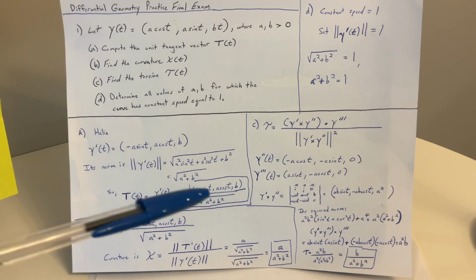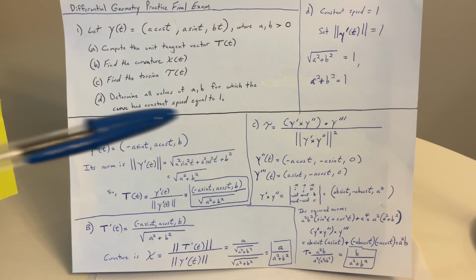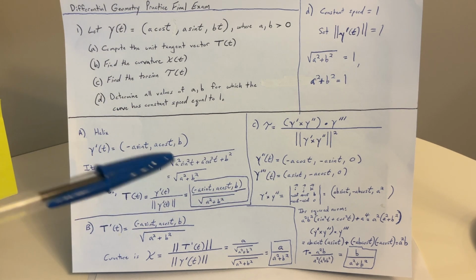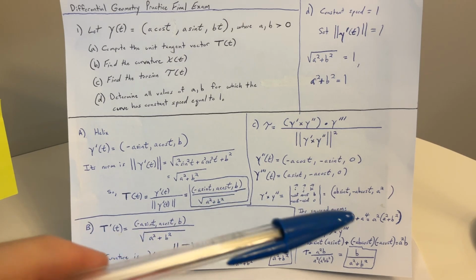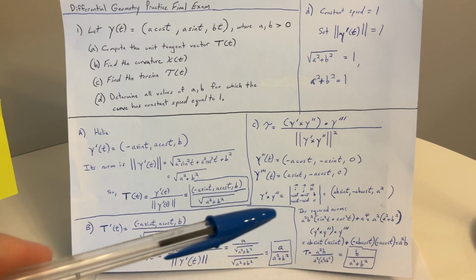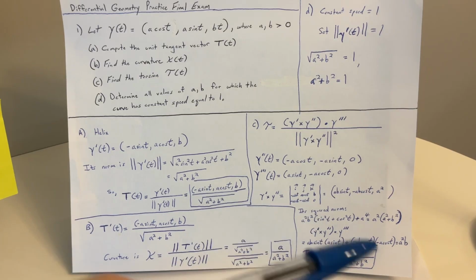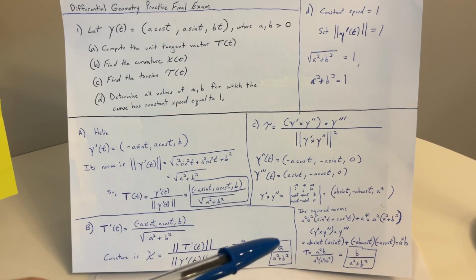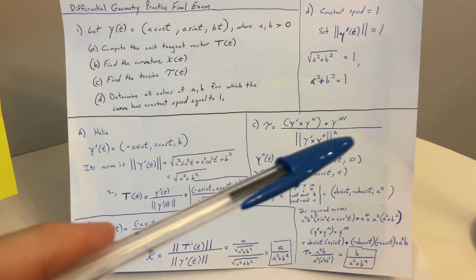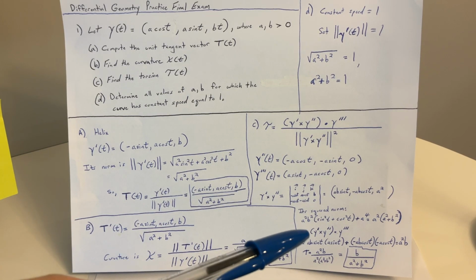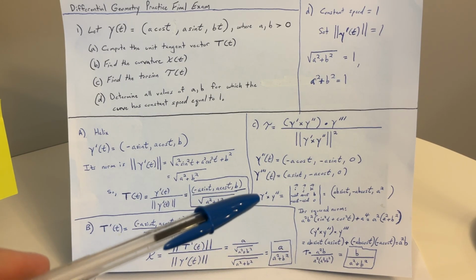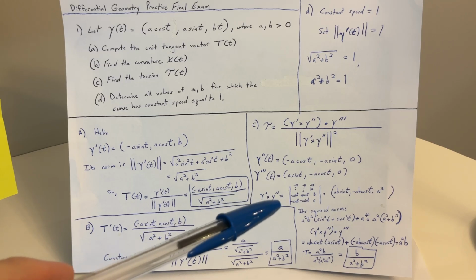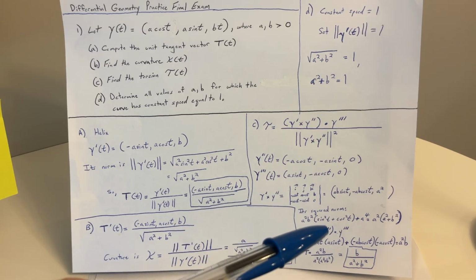We get ab sine t, minus ab cosine t, a squared. Its squared norm is the denominator. Then we need the dot product of that cross product of gamma prime and gamma double prime with gamma triple prime, the third derivative.